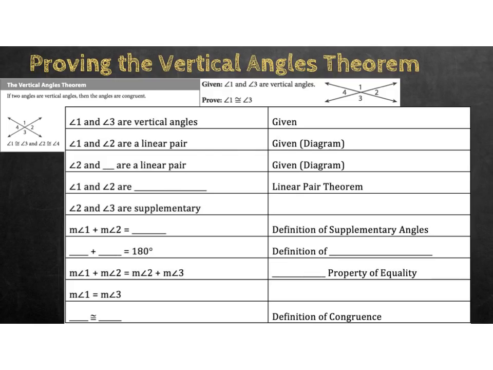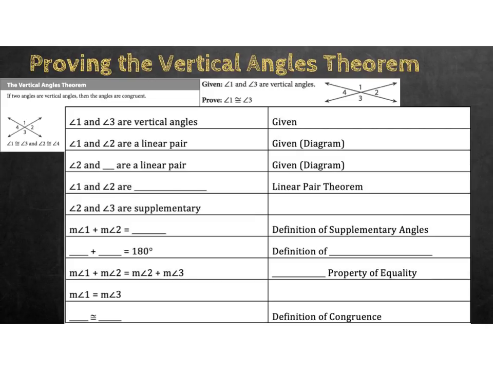All right, so proving the vertical angles theorem. The vertical angles theorem states if two angles are vertical angles, then the angles are congruent. So in our diagram over here, 1 and 3 are congruent and 4 and 2 are congruent, meaning they just have the same angle measure.